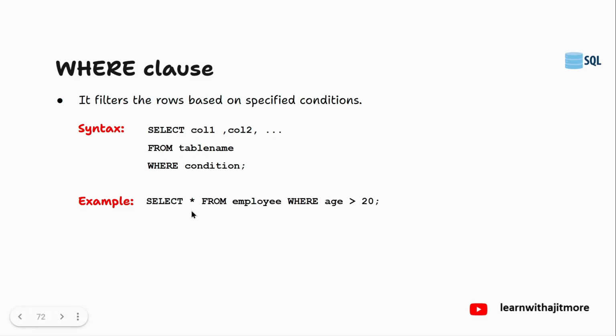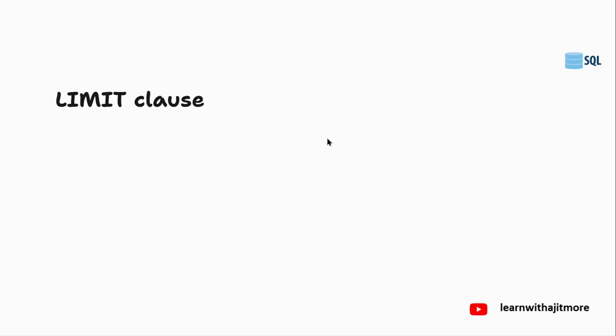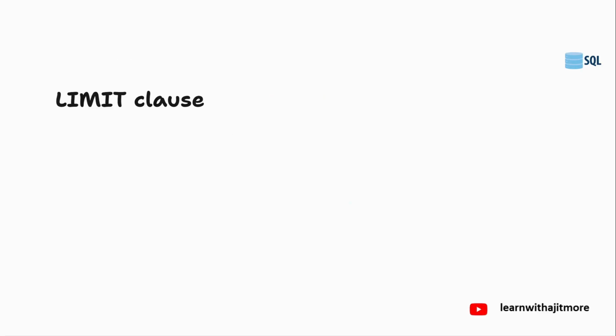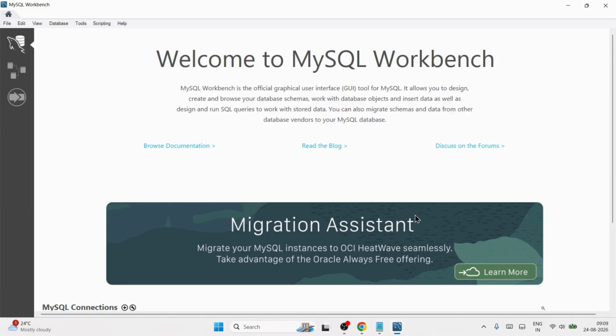An example: retrieve all the employees whose age is greater than 20. This is one condition. Conditions can be many. Even I forgot about the like operator also. I think we have studied the like operator as well, right? Okay. The where clause, it's not necessary to go into much detail because last time we have already discussed it.